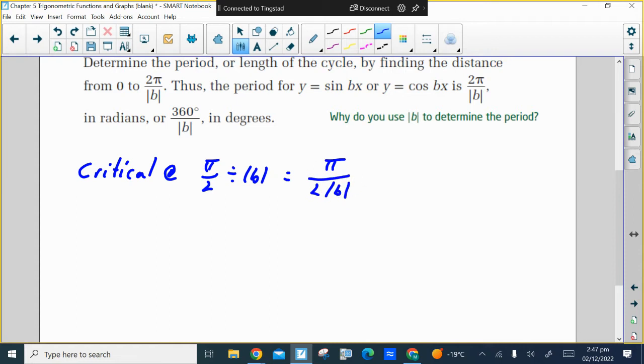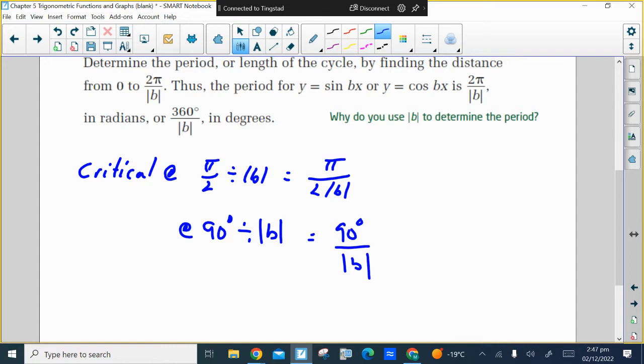If you're talking about degrees, it would be every 90 degrees divided by the absolute value of b. So the critical points will change as well.